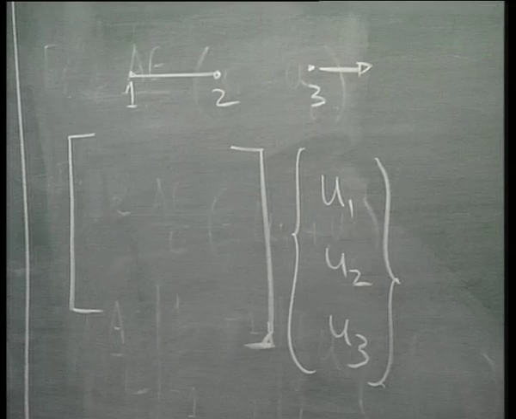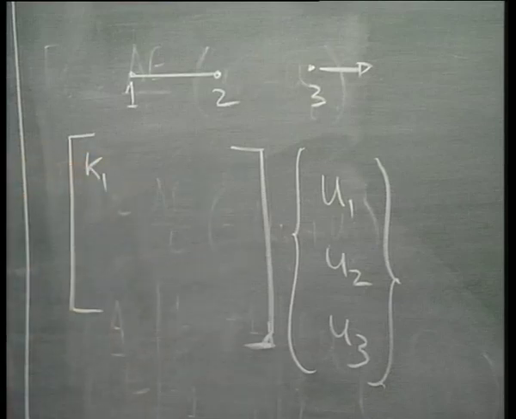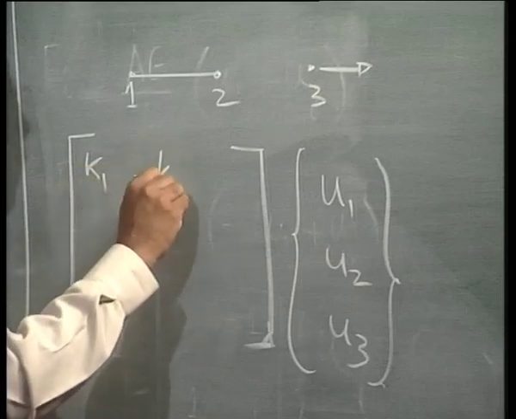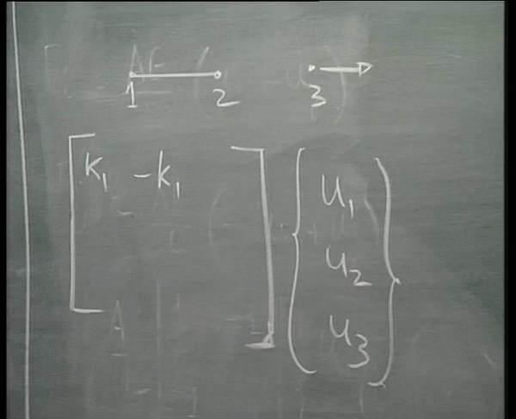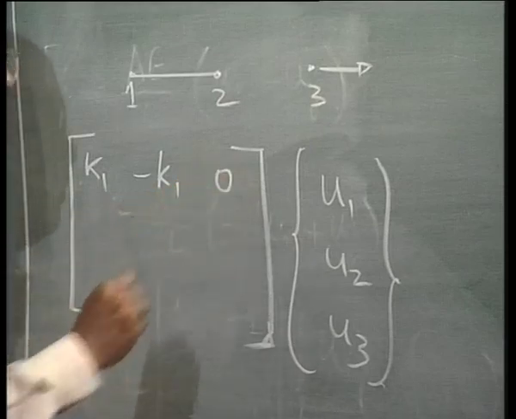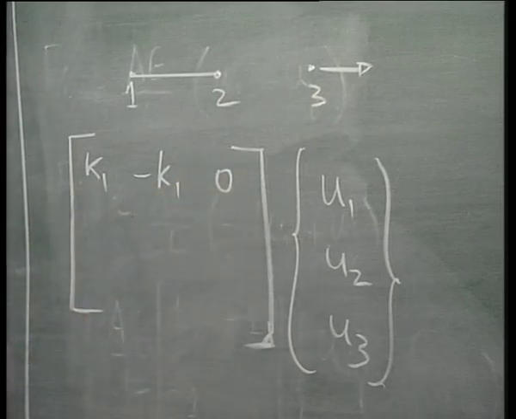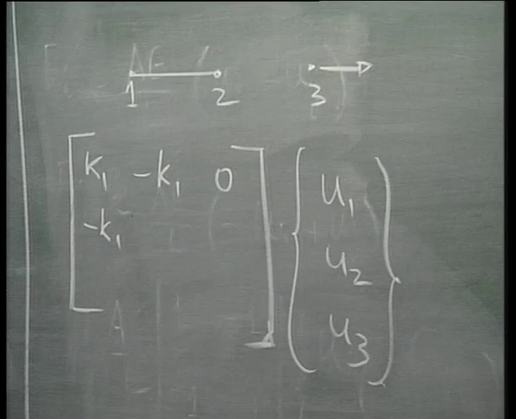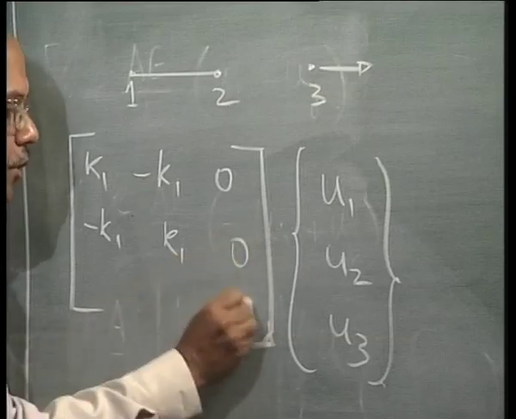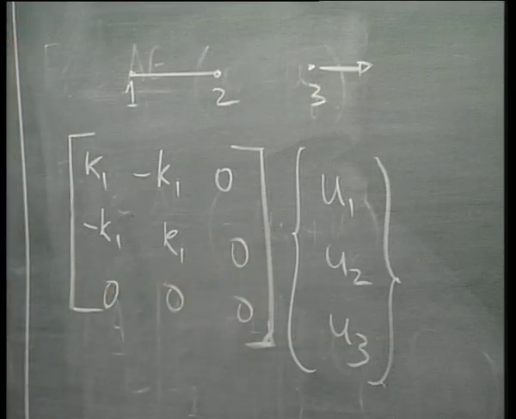I will have K1 no doubt, I will have minus K1, these two are for U1 and U2, and what will happen to my third term there? Very good, because you may remember our Kij definition. So here I will have minus K1 followed by K1, 0, 0, 0, 0. That is very good.